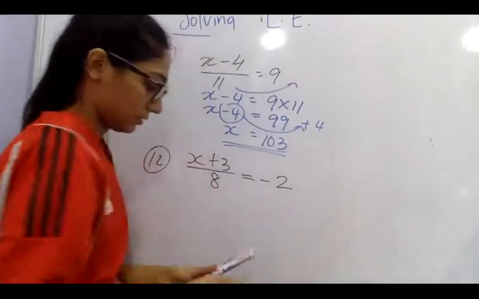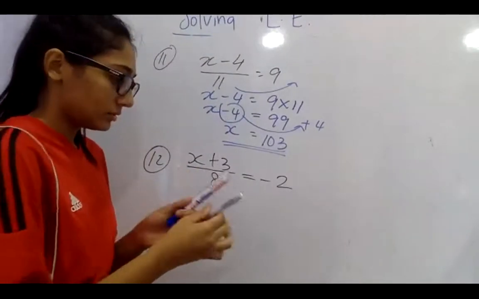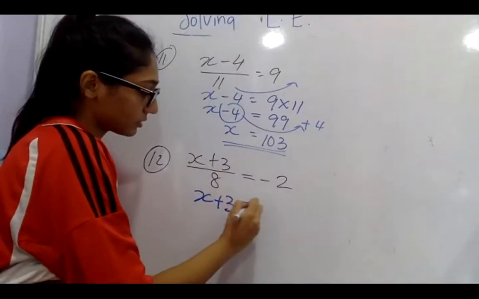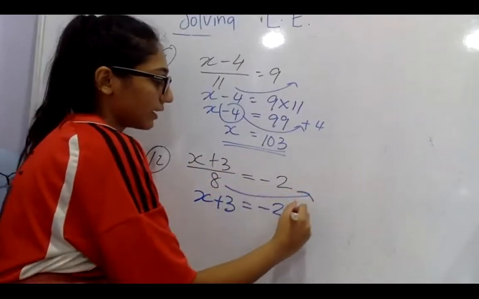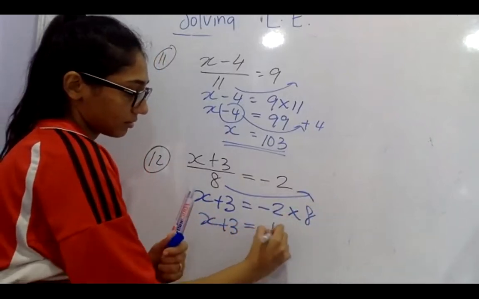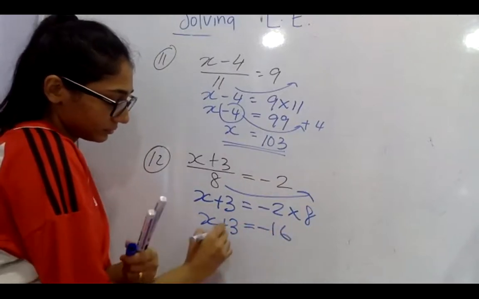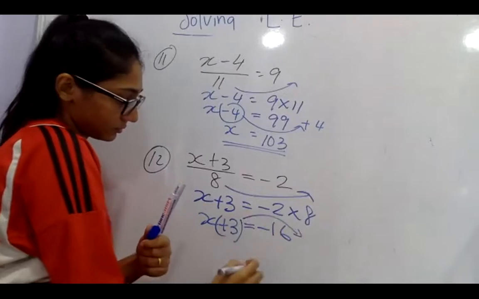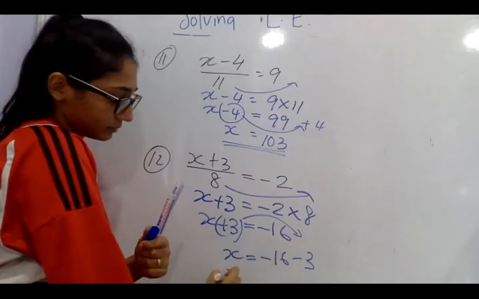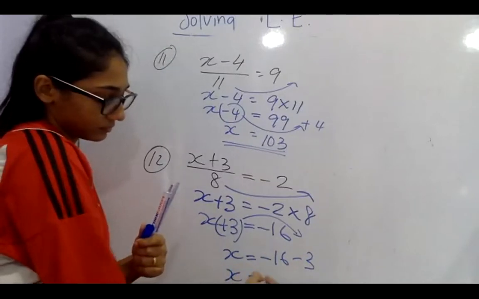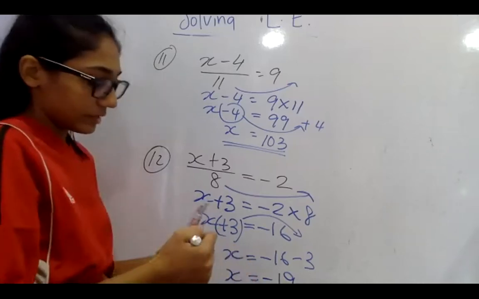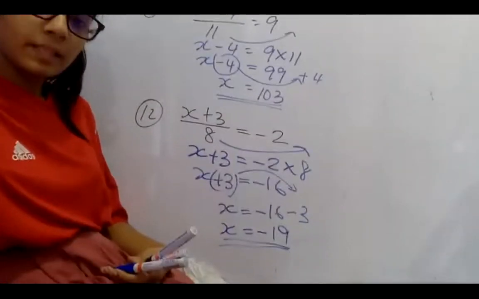So x plus 3 equals negative 2 times 8. So x plus 3 over 8 equals negative 2, we bring 8 up to times. So x plus 3 equals negative 16. Then you move the 3 to the negative 16, so x equals negative 16 minus 3. And then x equals negative 19, because minus makes the negative number bigger. So x equals negative 19.